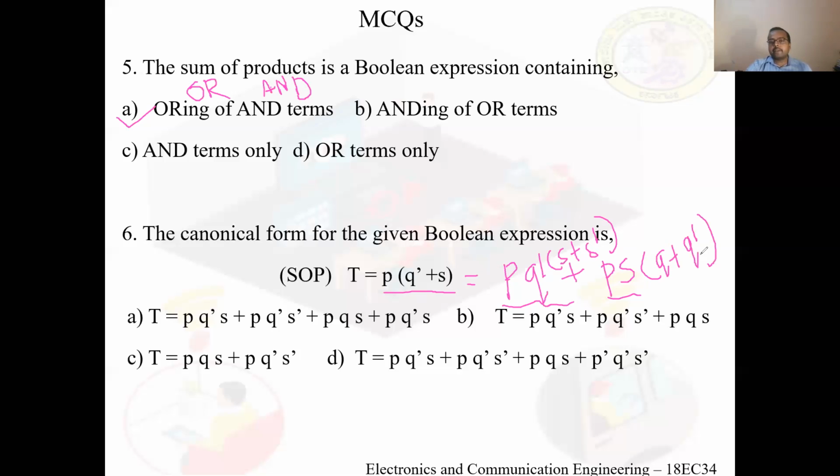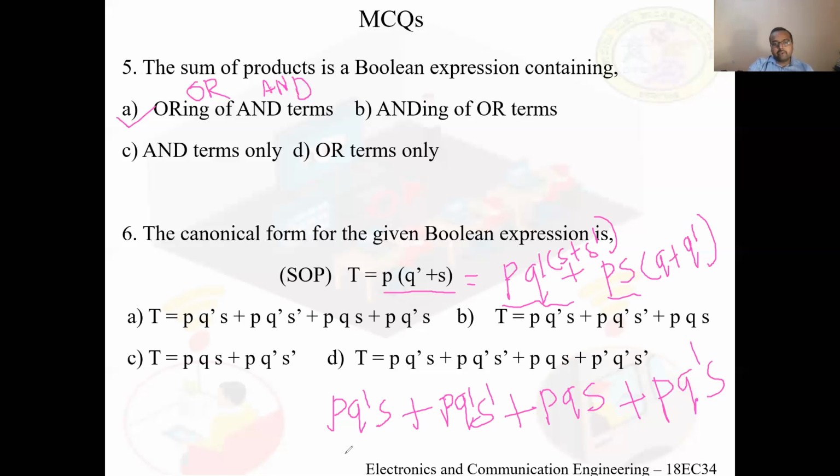Q bar. So just by looking at this one, you can write this one as P Q bar Y, or P Q bar Y bar, or P Q Y, or P Q bar Y. We know that these two are redundant terms, and you need to write only once. Now see where you have it.